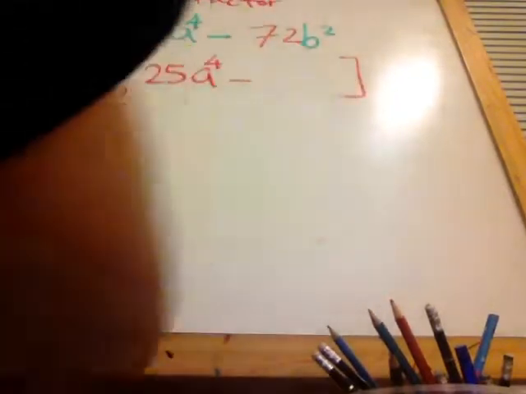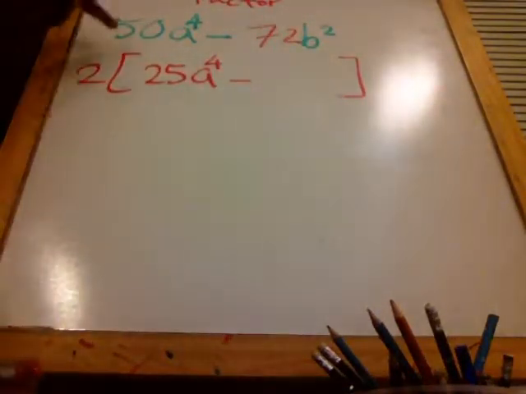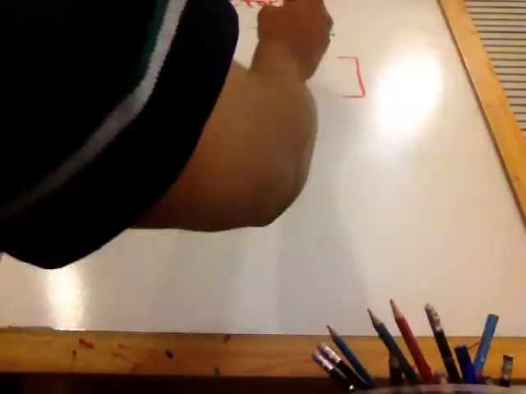If I take 2 as a common factor, I'll get 25a to the power 4 minus 36b squared.